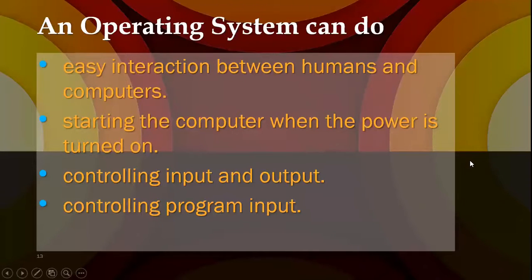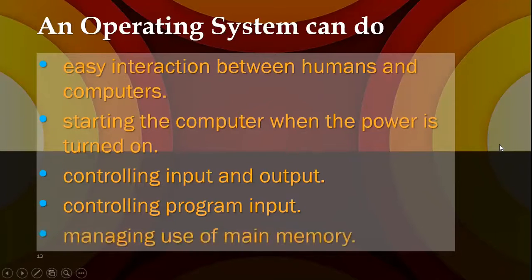For example, you type some information and you can see it. It also manages the use of main memory, connecting the CPU, the RAM and the ROM. All of them work together, okay? These are very important: easy interaction between humans and computers, starting the computer when the power is on, controlling input and output, controlling program input, and managing use of main memory.